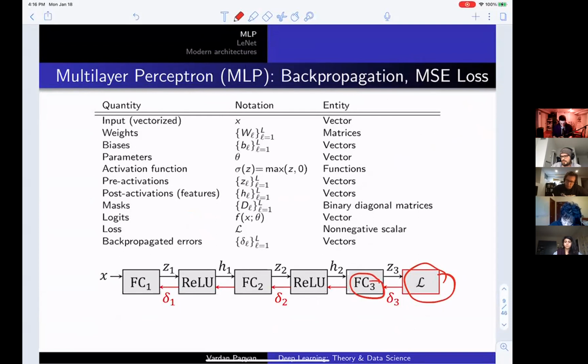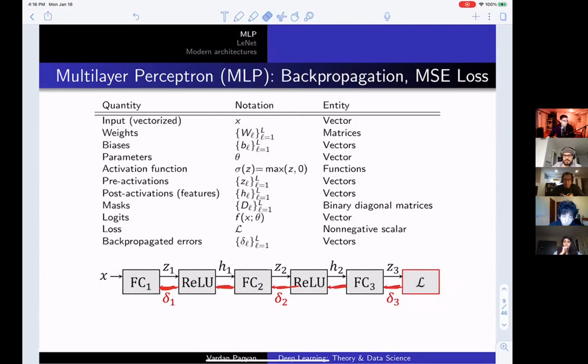And then you calculate the derivative with respect to this ReLU. Basically, you keep going backwards, right? And then you calculate the derivative with respect to this fully connected. So basically, the derivative with respect to this thing, and so forth. So you keep calculating the derivatives with respect to the different edges here, right?